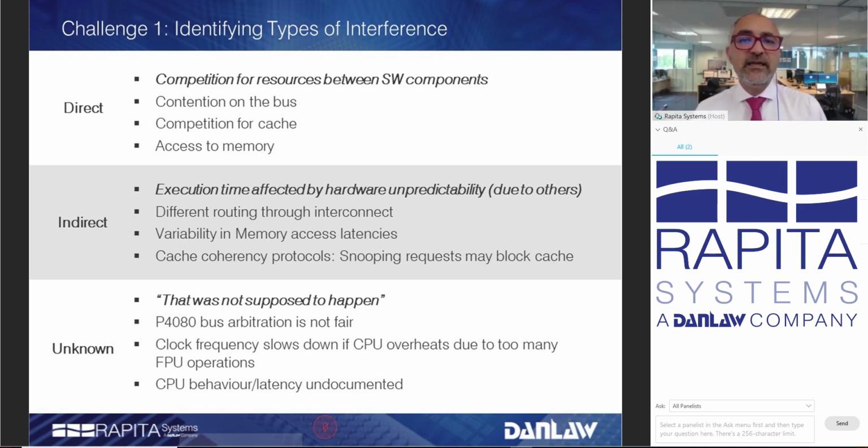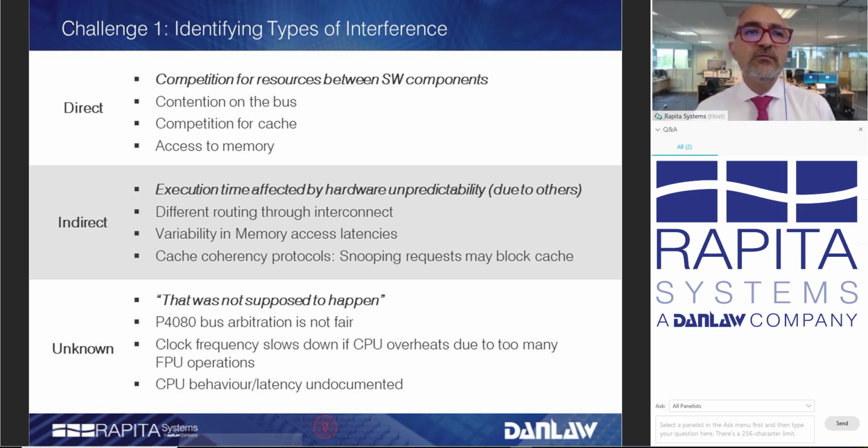The pathological case is when this traffic, and we've seen this in some experiments, can completely collapse and block the execution of one cache with factors of execution time of more than 10 times. And these are the kind of issues that we need to try to identify and avoid by design.